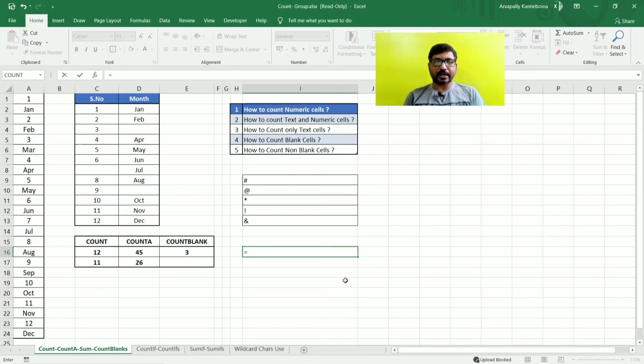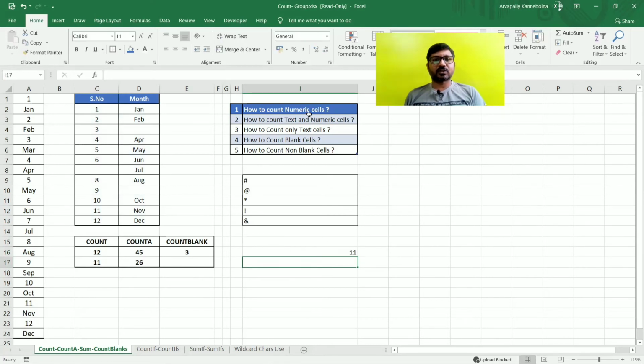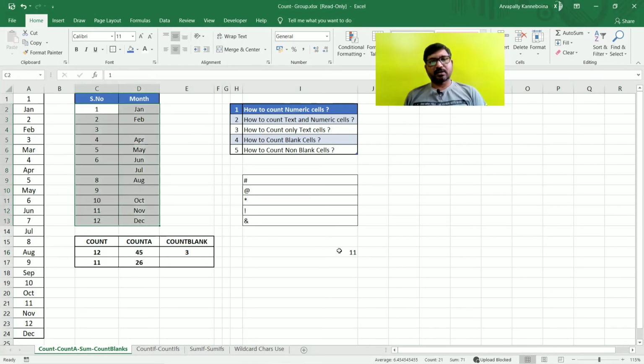At that time you can write the formula count, select your range, and close bracket. 11. This question's answer is 11 because we have only 11 numeric cells, right?